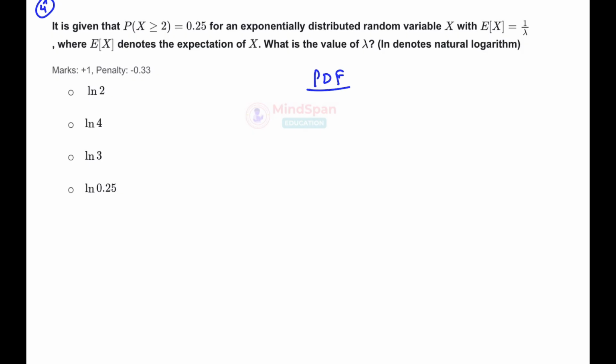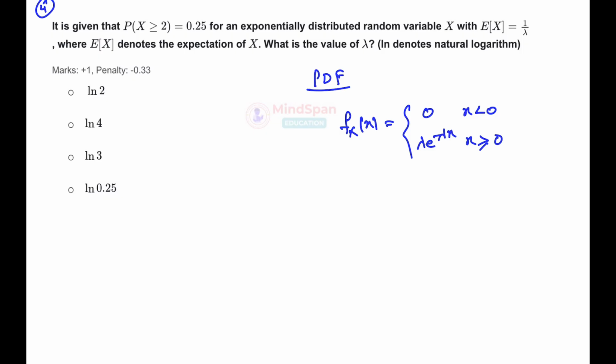So what will be the PDF of the exponential random variable? The PDF of this exponential random variable is only for the positive side, right? The probabilities are distributed only for values of x greater than 0. So it will have 0 probability when x is less than 0, and it will have the probabilities distributed according to this function lambda e to the power minus lambda x, right?